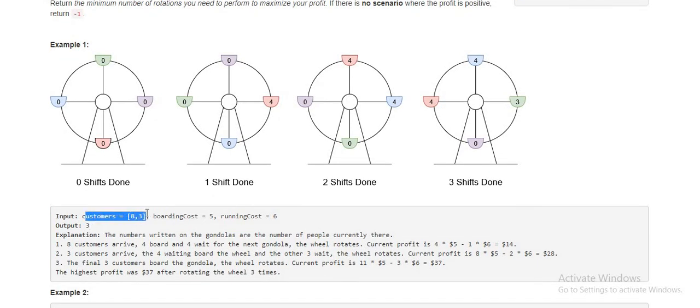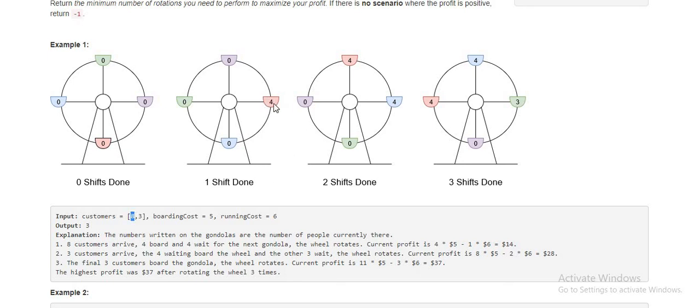Here the customer slots are: in the first slot there are 8 customers who can board, and in the next slot there are 3. Initially the wheel and the gondolas are empty, so there are no passengers on board. So for the first time we can take 4 out of these 8.